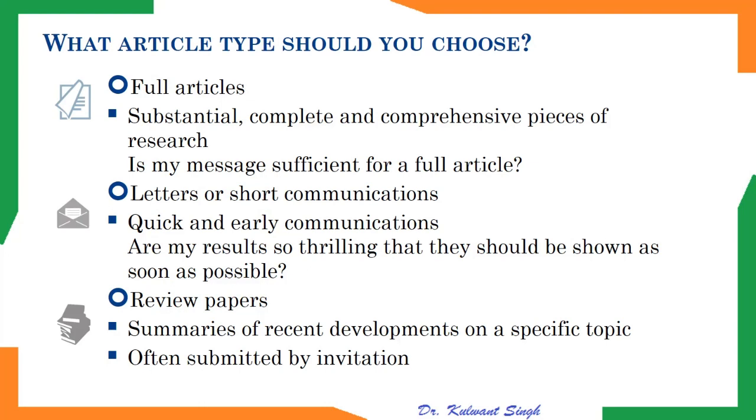Complete in the sense that your research work is sufficient to write a full-length paper. If you have a thrilling result, or a result that is extraordinary in your field, and you want to communicate such a result very early to the researcher community, then you have to go for letters or short communications.